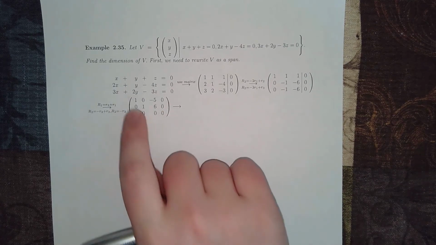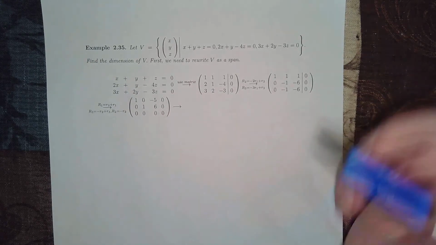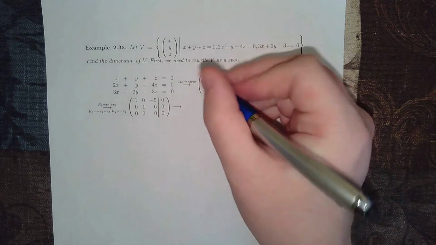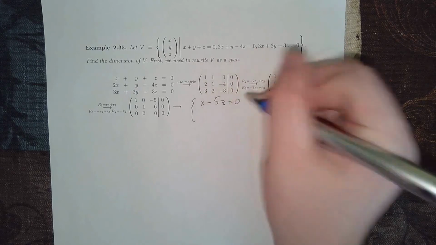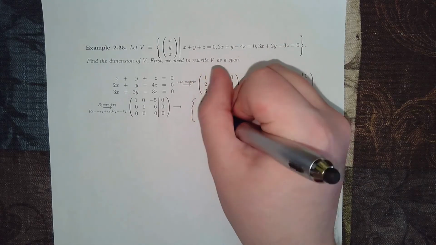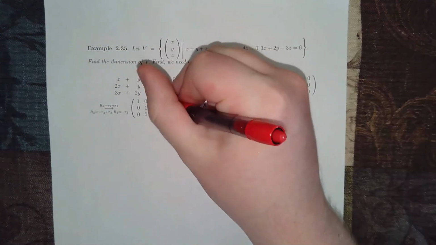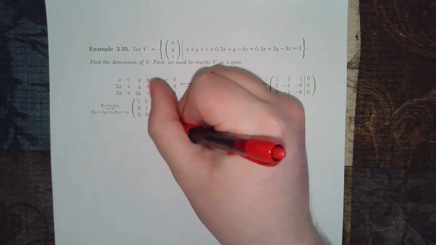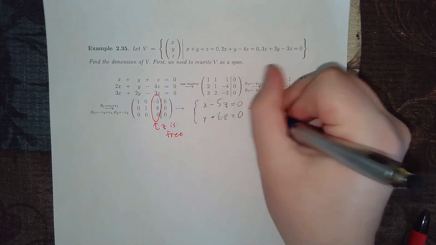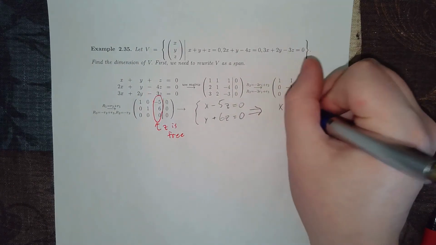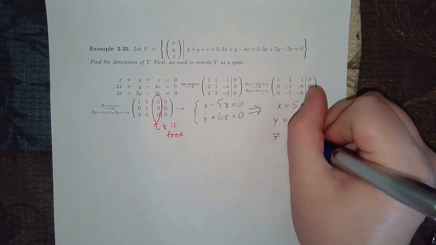And so here we start off with our equations, we use a matrix, we do some row reduction, and we see here that we get x minus 5z equals 0, and y plus 6z equals 0. Notice here that because we have a column that doesn't have a leading term, z is free, and so we end up getting x equals 5z, y equals negative 6z, and z is free.